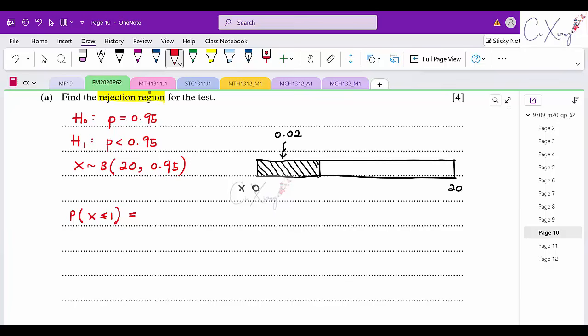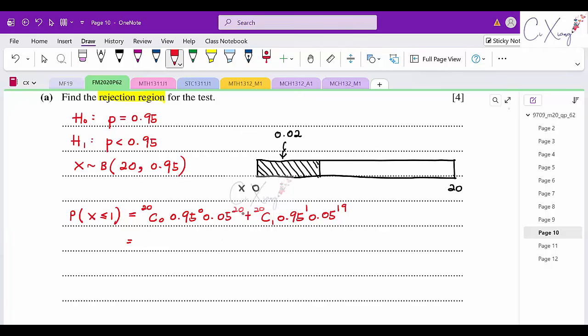Using the binomial distribution, it will be 20C0, 0.95 power 0, 0.05 power 20, plus 20C1, 0.95 power 1, 0.05 power 19. Looking at these two terms in the binomial distribution, we should expect the value to be super small, because I have 0.05, which is a very small value, power 20.